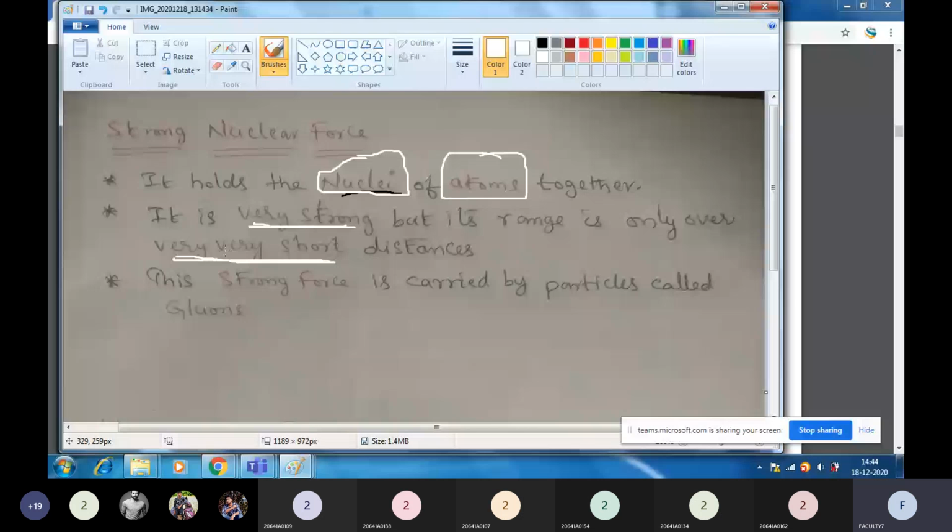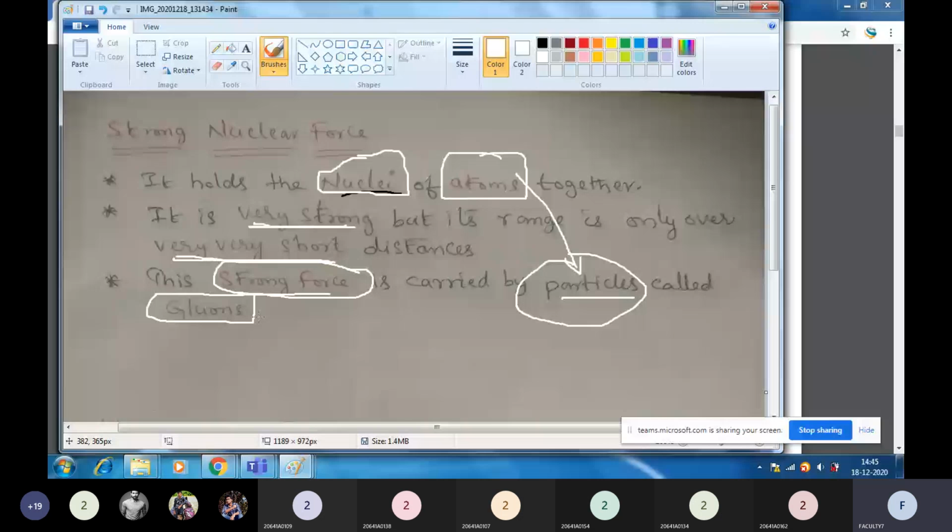The conclusion here is that this particular force is stronger, and it is carried by particles inside those atoms. These particles are known as gluons. Don't worry about these words, we are not going to see much about these things. Simply note that the particles inside the atoms which create the stronger forces are known as gluons.